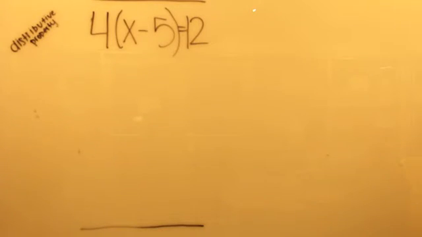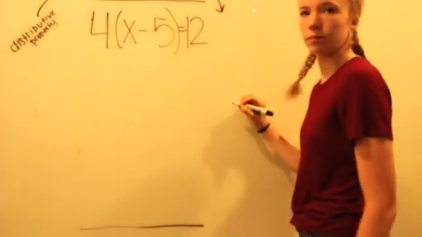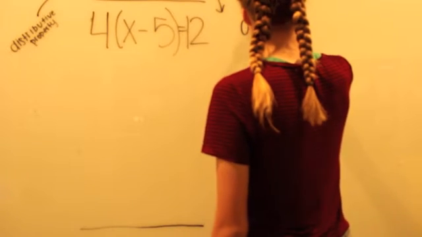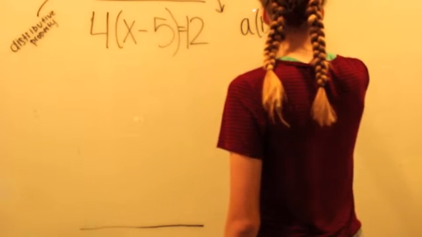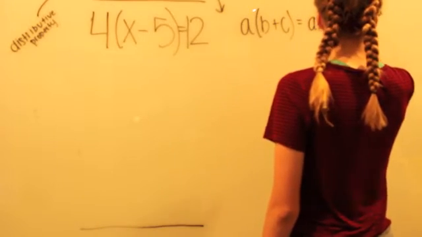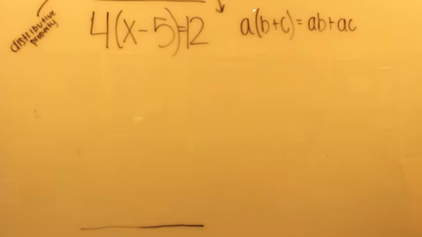Now let's look at the equation 4 times x minus 5 equals 12. We're going to have to use the distributive property. The distributive property means that a times b plus c equals ab plus ac.